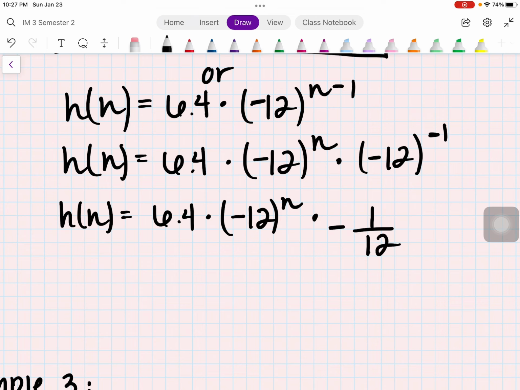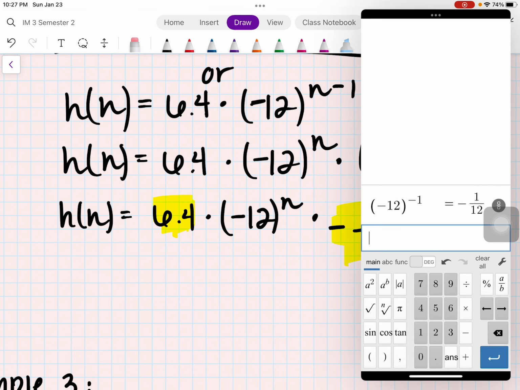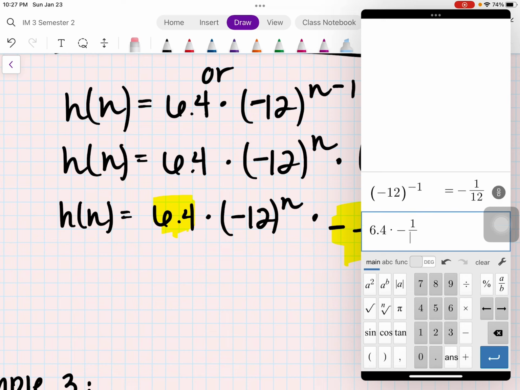Okay, now we do have to simplify this by combining these. So I'm going to multiply 6.4 by negative 1 over 12. And in this case, that will give us the fraction negative 8 over 15. Or if we wanted to use decimal, then we would show that as a decimal.